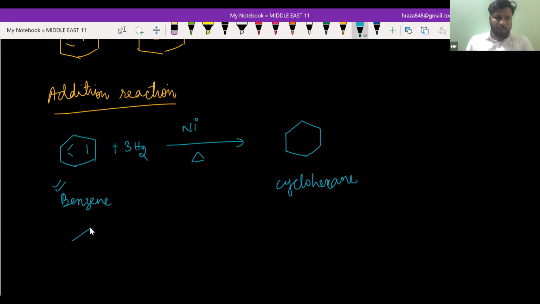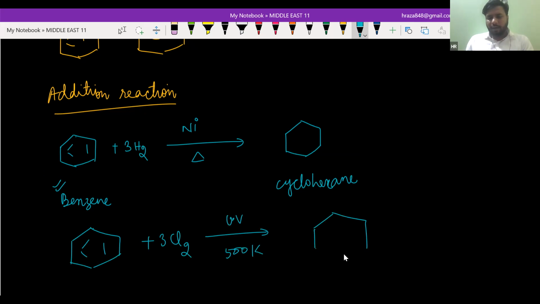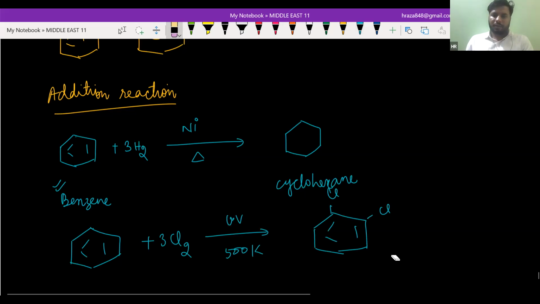Now, if you add 3Cl2 to this benzene in UV radiation at 500 Kelvin, again the double bonds will be broken and at each carbon there will be chlorine. I just made a mistake. All the double bonds will be broken.